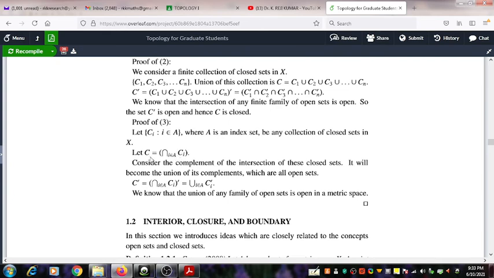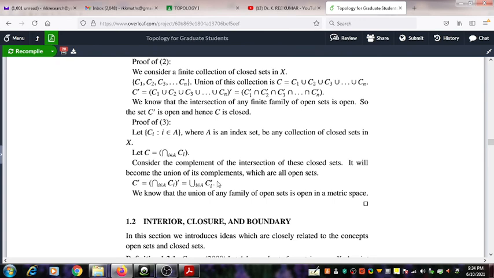And then we apply the complement on C, so it becomes the complement of the intersection where i varies in A of Ci, which is equal to the union, since intersection is reversed to union, of the Ci complements.